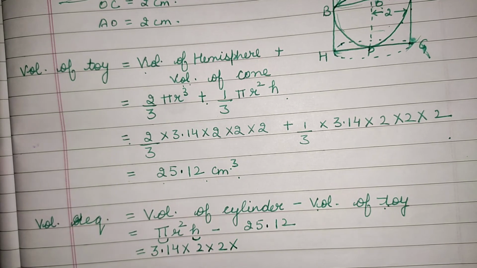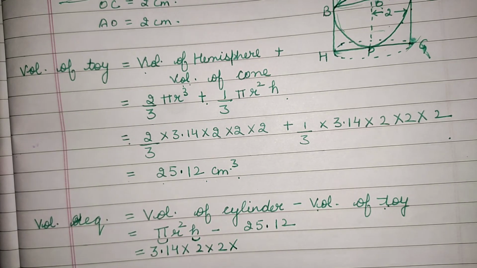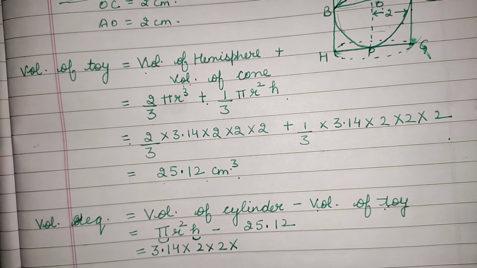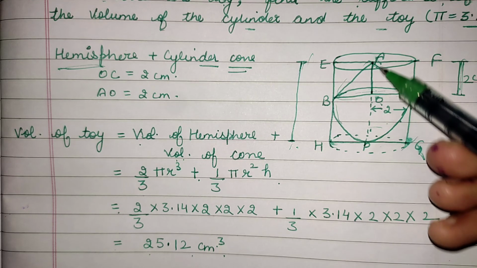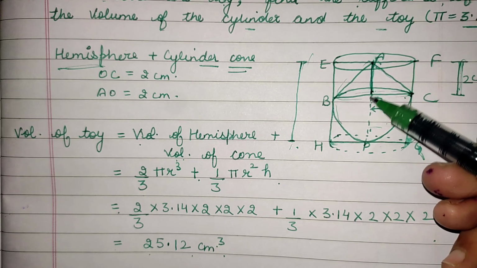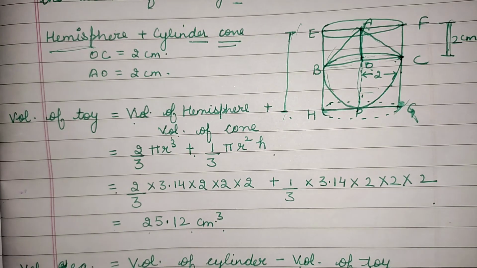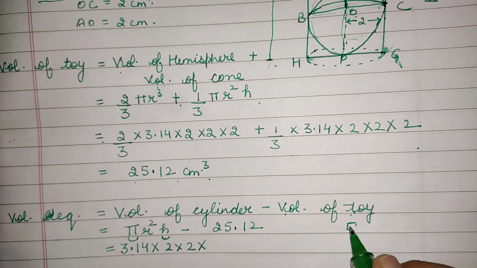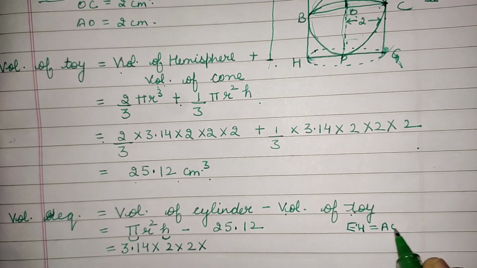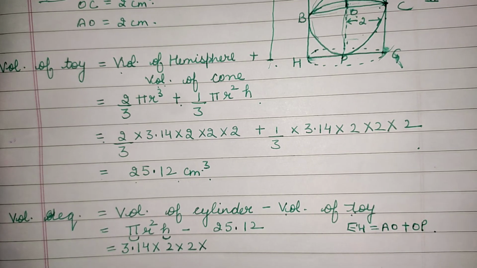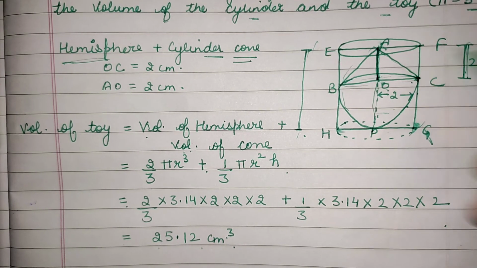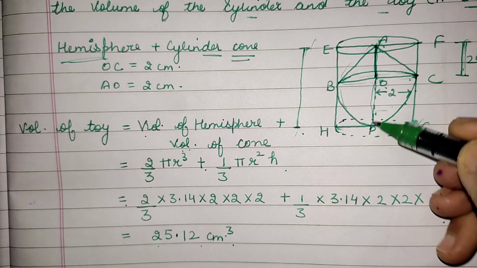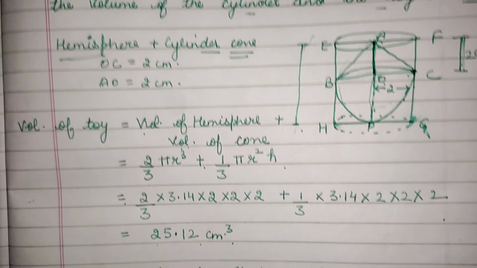Now what will be the height of this cylinder? This EH is the complete height of the cylinder. It is equal to AO plus OP. So AO, we know that this is the height of the cone, which is equal to 2, and OP is also equal to 2.